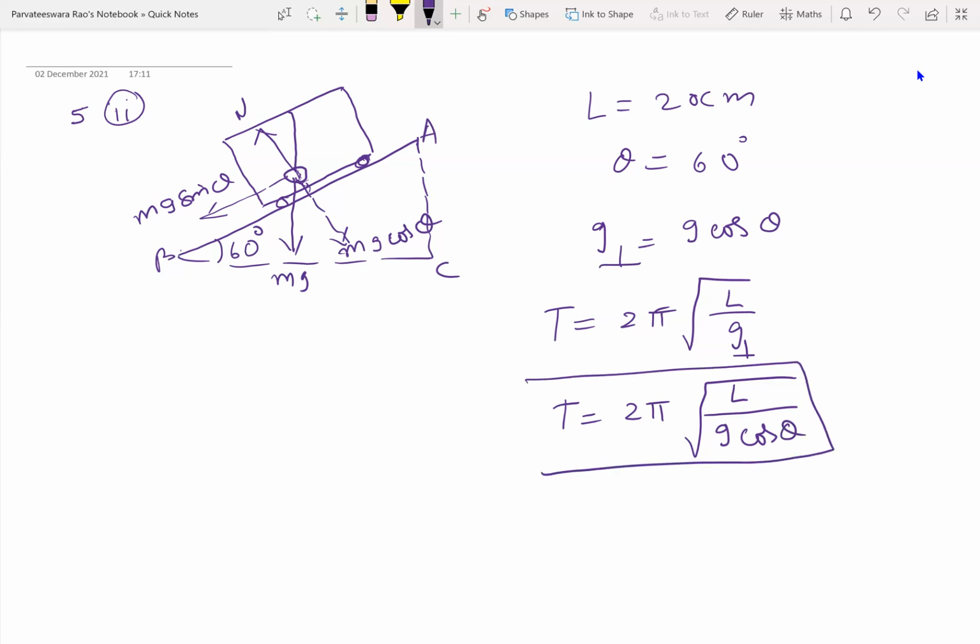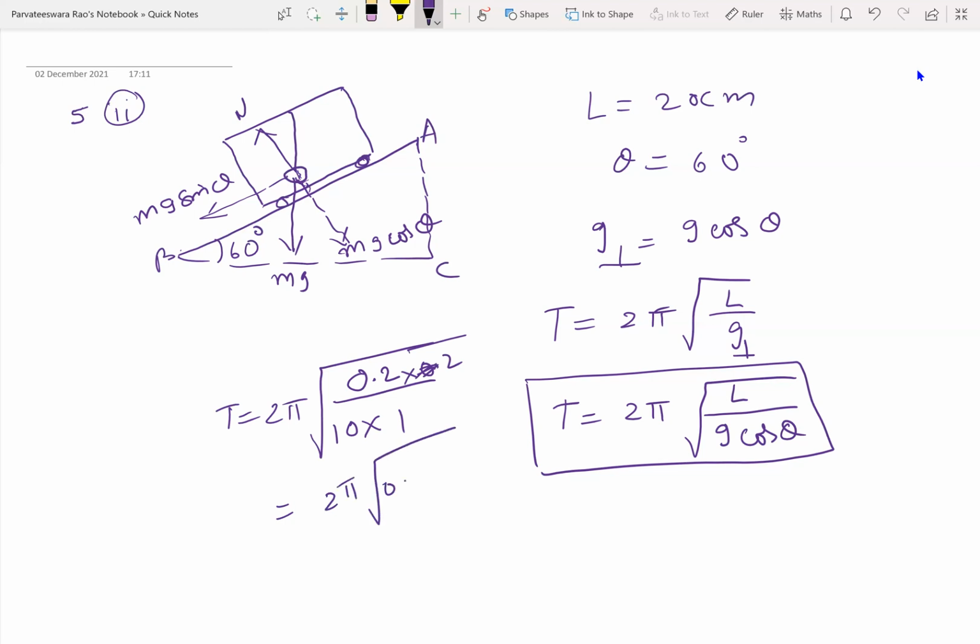Important concept. So if you substitute the values, L is 20 centimeters, 0.2 meters, by 10 into cos 60, which is 1 by 2. So this is 2 pi into root of 0.2 into 0.2.